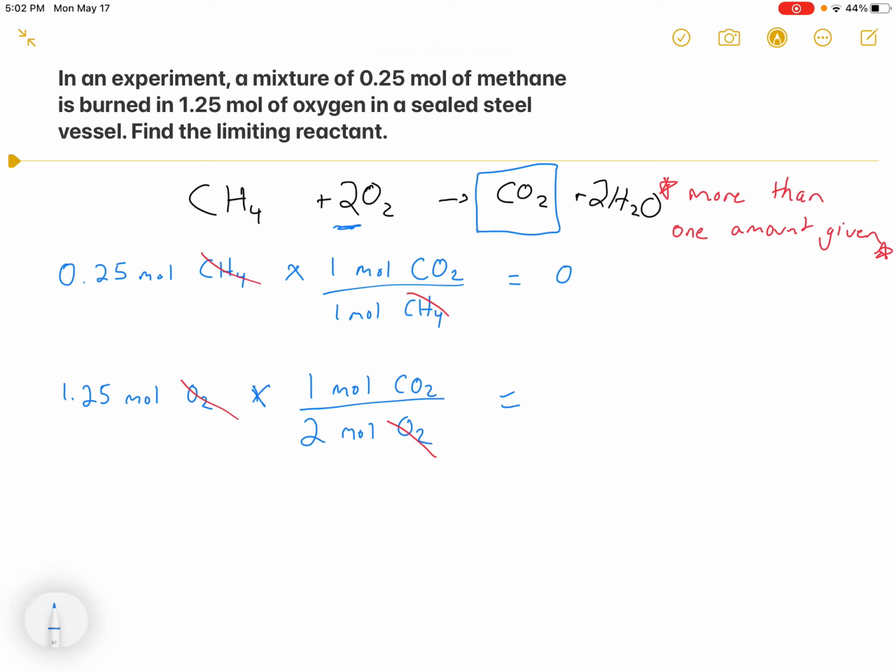Since that one was a 1-to-1 ratio, we know that if methane were the limiting reactant, we would get 0.25 moles of CO2. But if it were oxygen, we would get 0.625 moles of CO2.